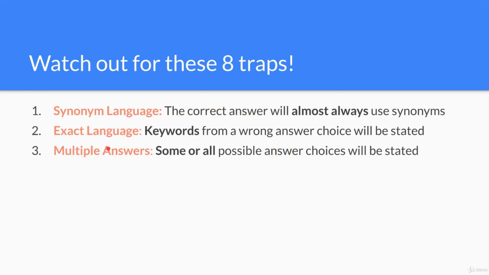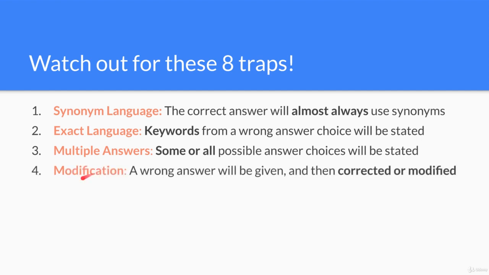For example, if the keyword appears once, they're going to try to trick you by using the exact language, but then they may also use the exact language with some of the answer choices or with multiple answer choices or with all of them, okay? So there is certainly an overlap here. I'm going to be delving into much more detail to show you examples of each one of these traps, but right now I just want to give you a quick overview before we delve deeper into them.